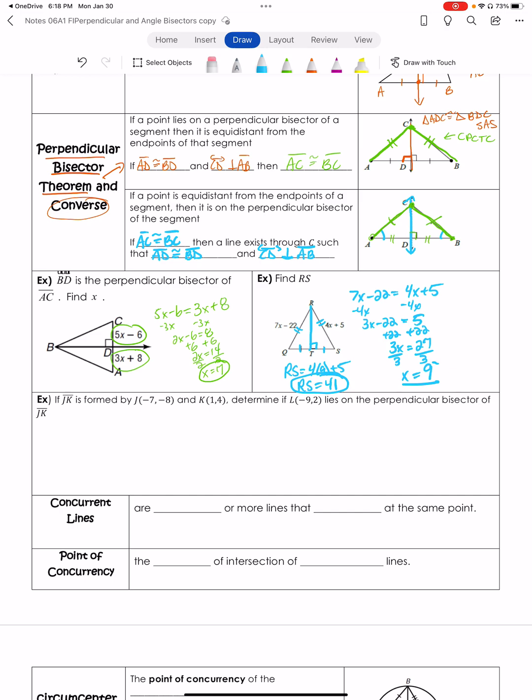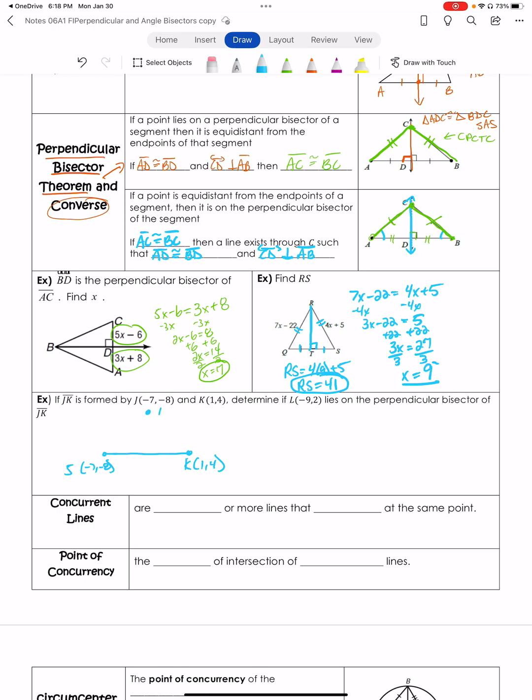So segment JK is formed by J and K. J is (-7, -8) and K is (1, 4). Is L on the perpendicular bisector?